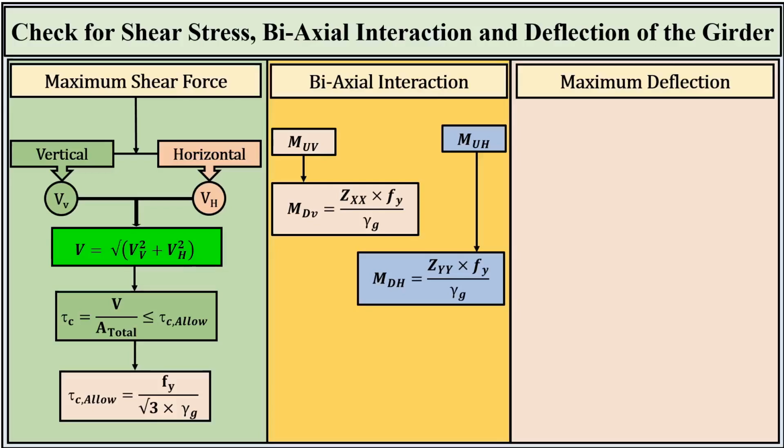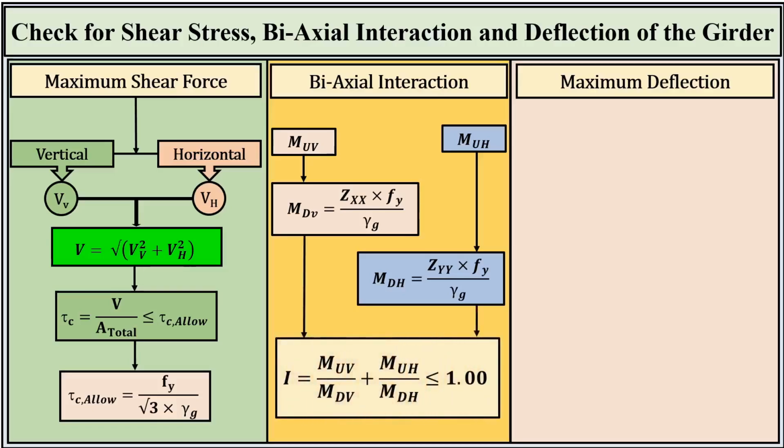We calculate these design moments using the formula MD equals the section modulus Z, multiplied by the yield strength Fy, and then divided by the safety factor gamma g. To ensure the safety of our girder, the sum of the ratios of actual demand to design capacity must be less than or equal to 1.00.